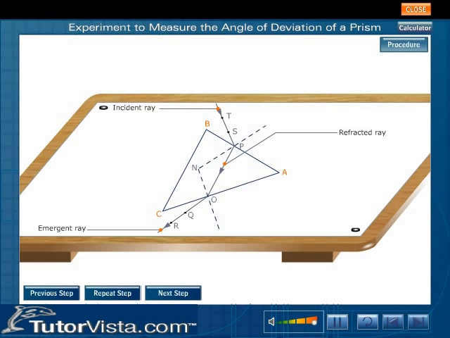Let PN and ON be the normal at the points P and O respectively. And let I be the angle of incidence and R the angle of refraction.